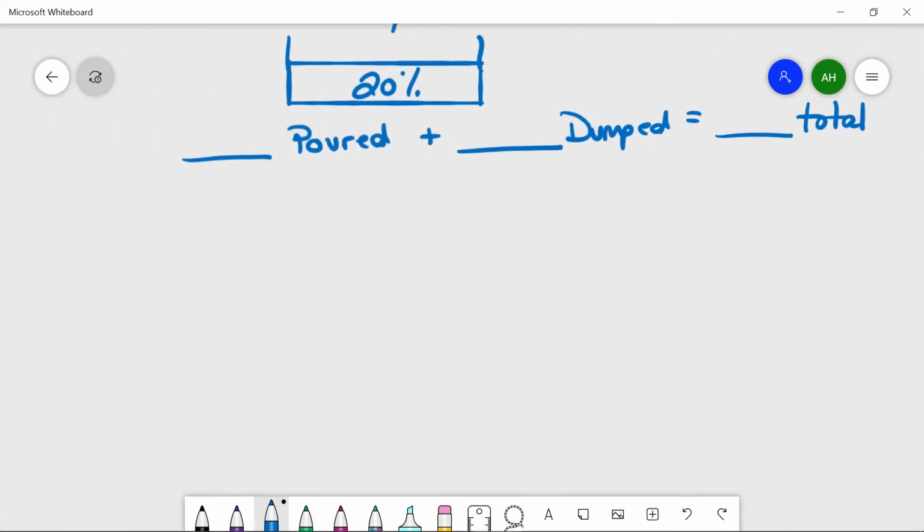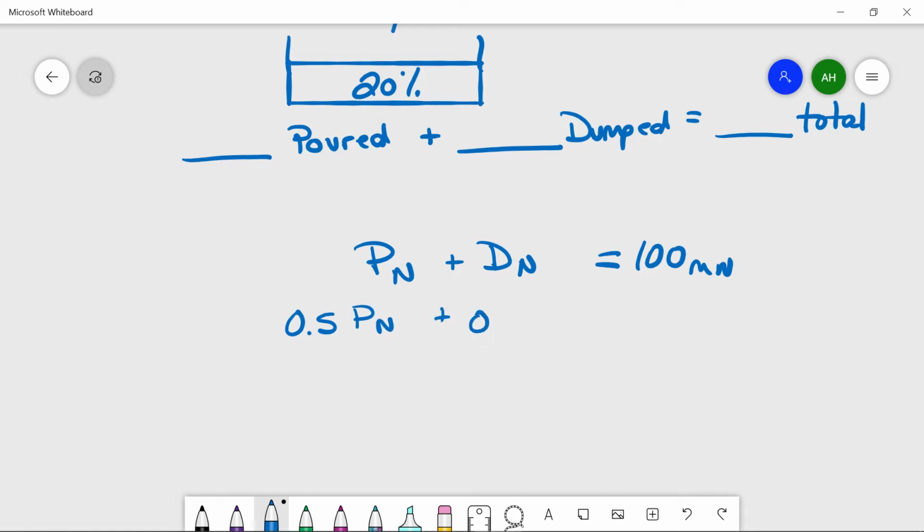As we look at the fact that we want to end up with 100 milliliters, right? I'm going to pour some amount and I'm going to dump some amount. So I'm going to have some amount that I pour, some amount that I dump. All right, so let's think about what I'm going to pour in and what I'm going to dump in. Well, for the stuff that I'm going to pour in, the strength of it is going to be 0.5, plus this 0.1 is what I dump in.